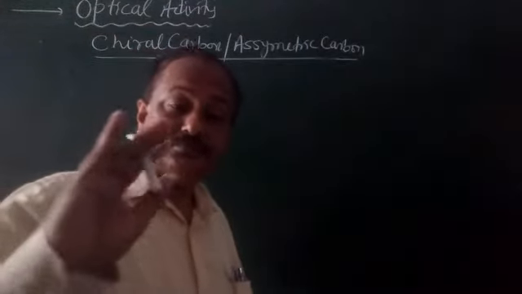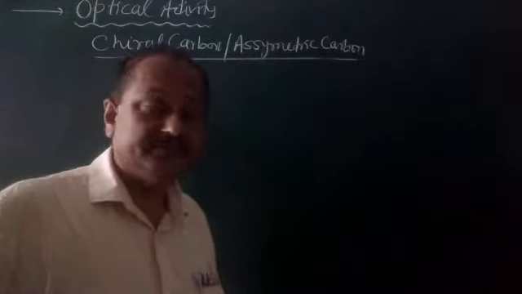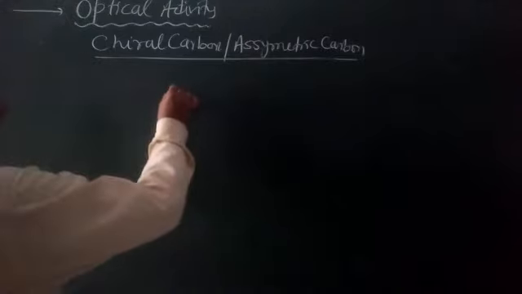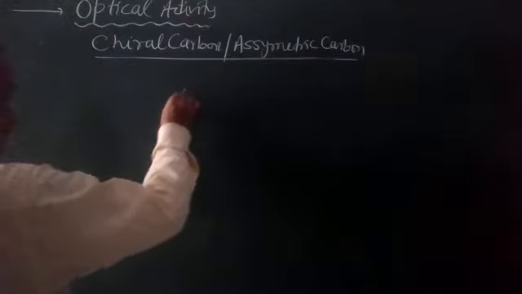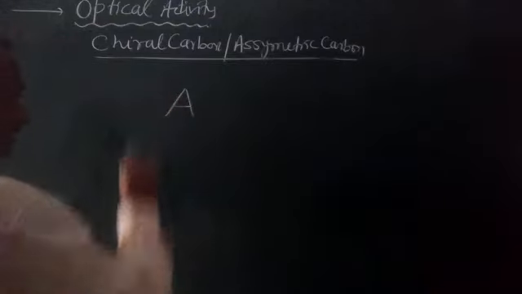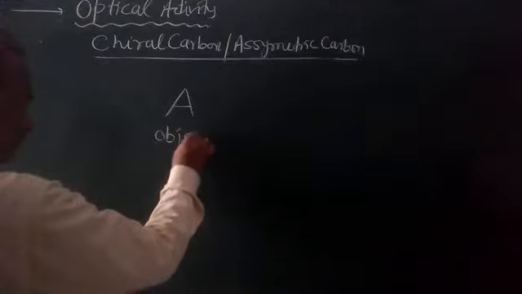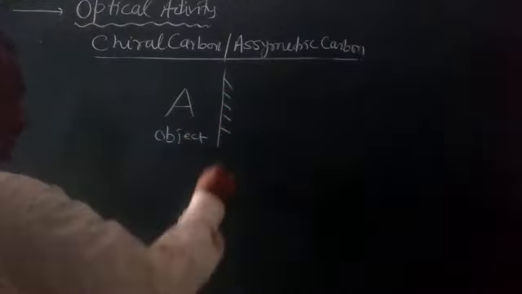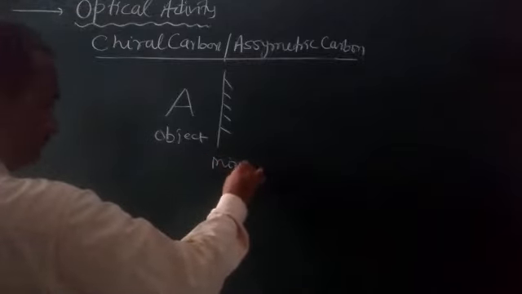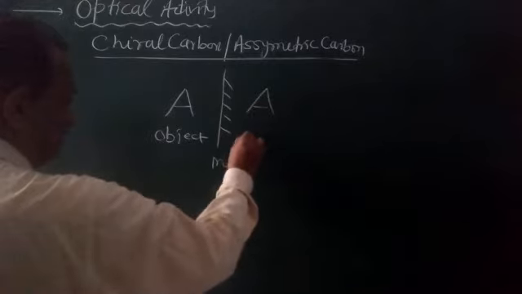Now some important points on how to identify the chiral carbon. Actually, here I am drawing this letter A. Here is the object, here there is a mirror, and here there is the image.